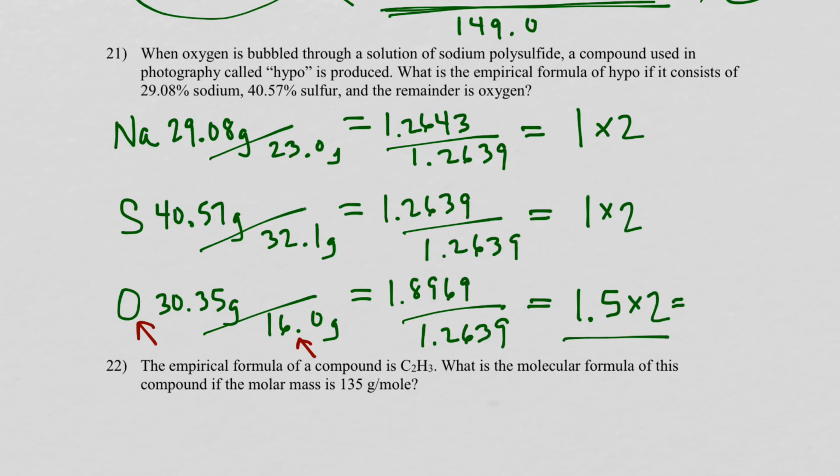But whatever you do to one, you must do to the others, because what you're trying to determine here is a whole number ratio. So we end up with 2, 2, and 3, and so our final answer then for the empirical formula for this particular substance is Na2S2O3, and that's actually your final answer.